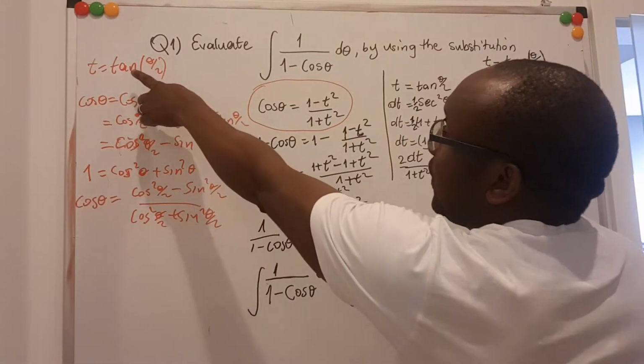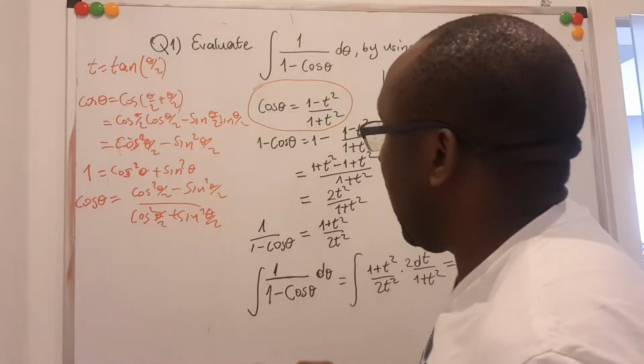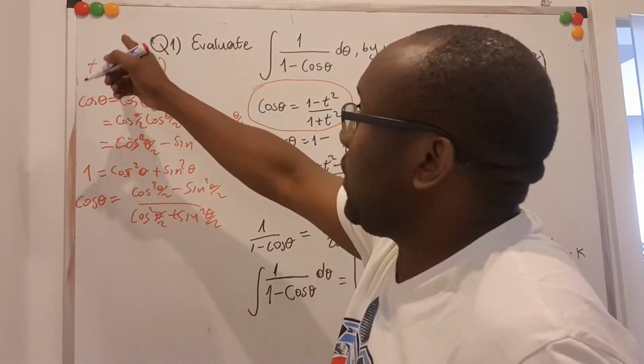Still, I've not yet got the tangent form. I know the tangent is the sine over the cos.